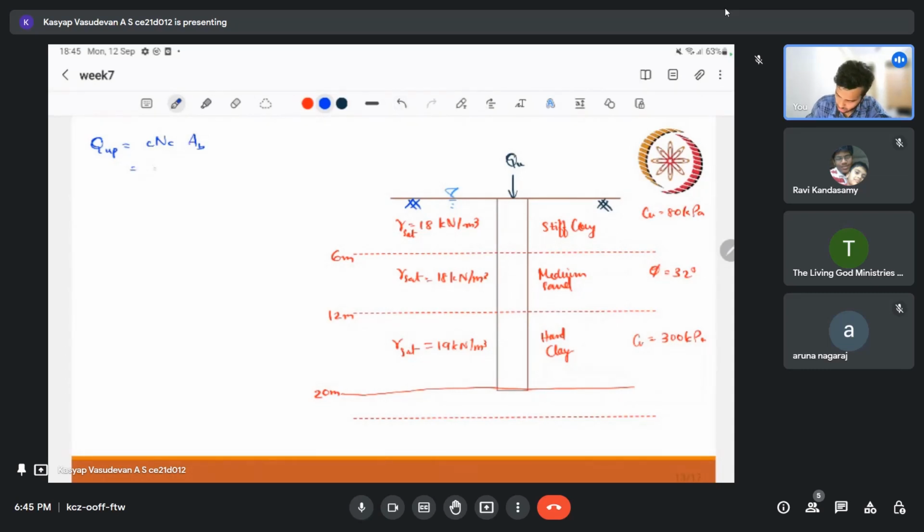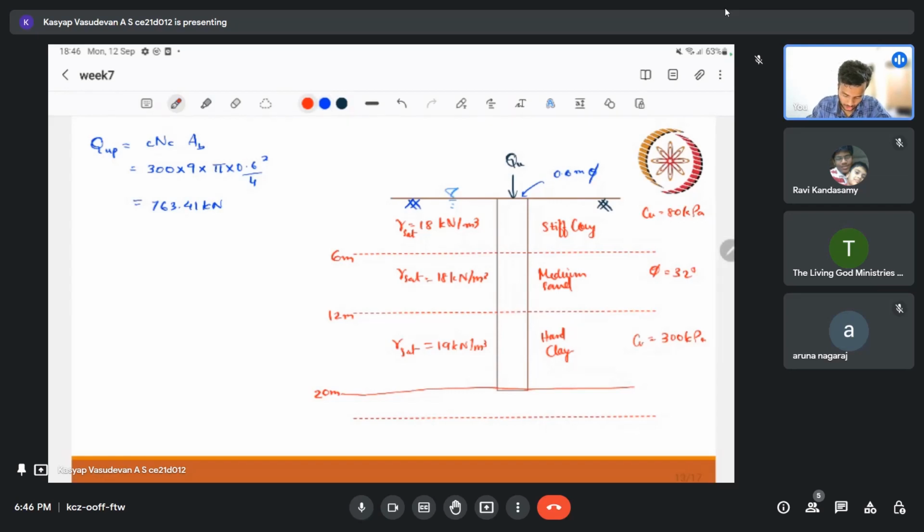So C is 300, Nc is 9 according to Skempton, and Ab is pi into 0.6 square by 4, with 0.6 meter diameter. This is 763.41 kilonewton. Then for the other, we now need more information, right? We need that alpha value and k value. So let us first find out those things.